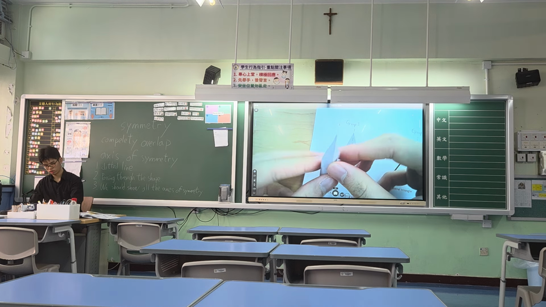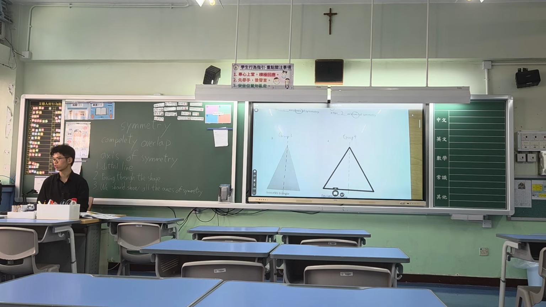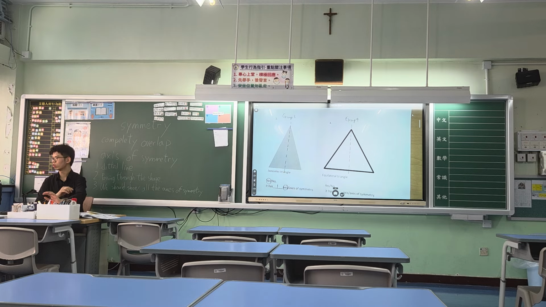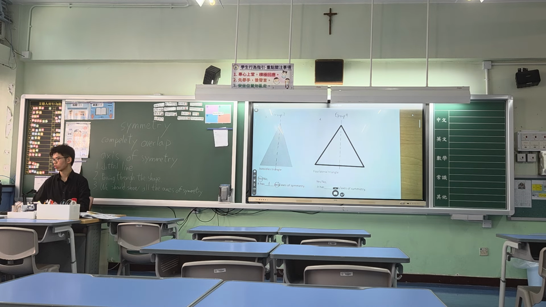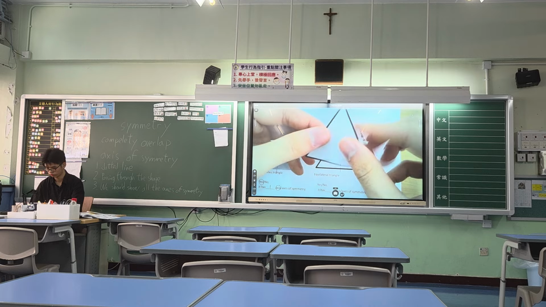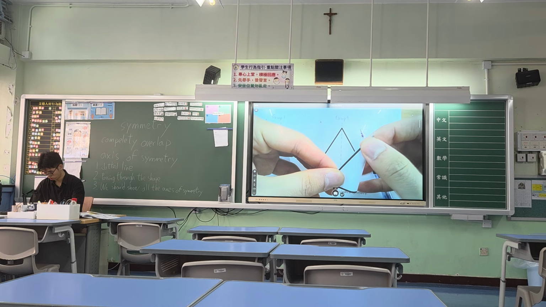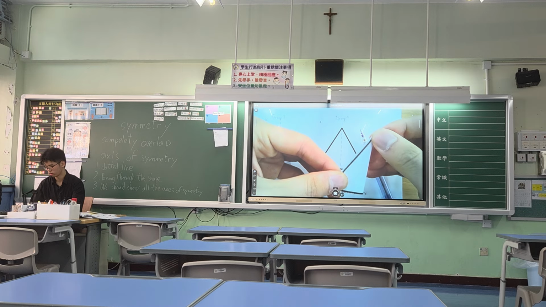And yeah, congratulations. Okay, for group 4, interesting. Oh, they have found that there should be only one axis of symmetry for an equilateral triangle. It should be like this. Okay, let me try. Yeah, completely overlap.